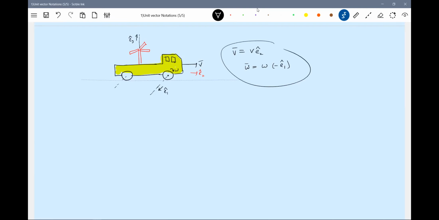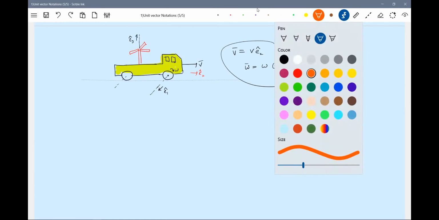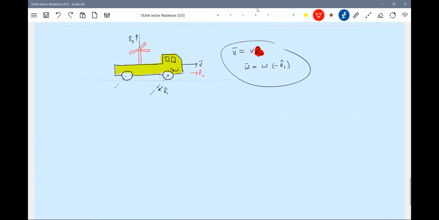So now you see the advantage of unit vectors. They're really going to help us a lot in defining vectors systematically. That's one primary idea of unit vectors.